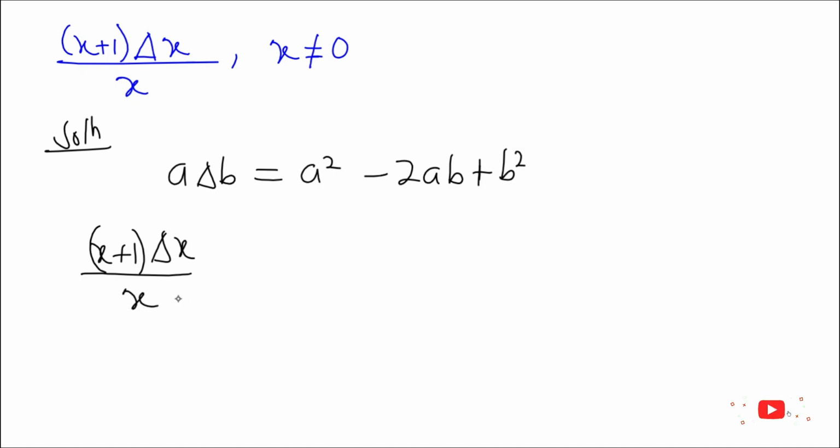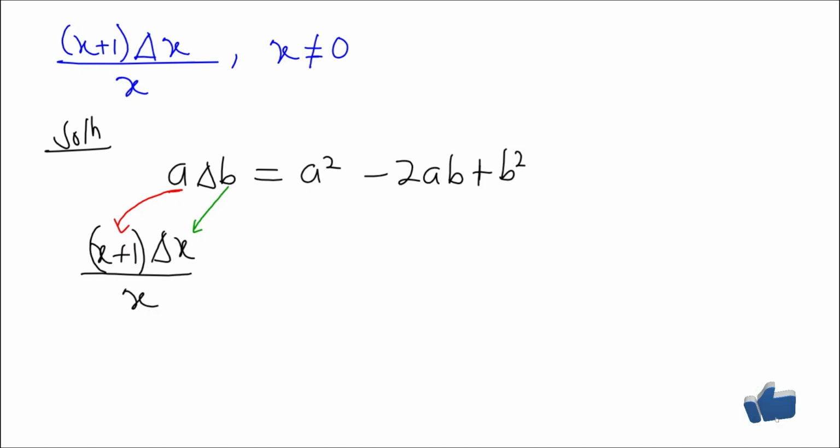So what we can do is apply the rule to the numerator, and when we are done, we also divide it alongside, because at the denominator there is no implication that we have to apply the rule. We can see it at the numerator, which means that wherever we see A, we are going to substitute the whole of x plus 1, and wherever we see B, we are going to substitute x in the rule.